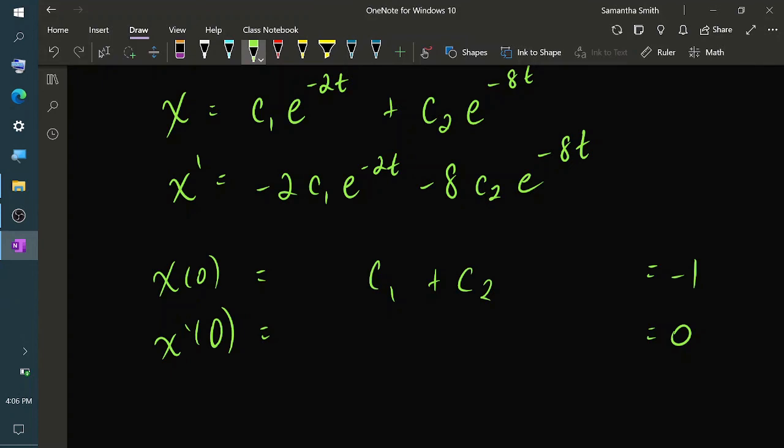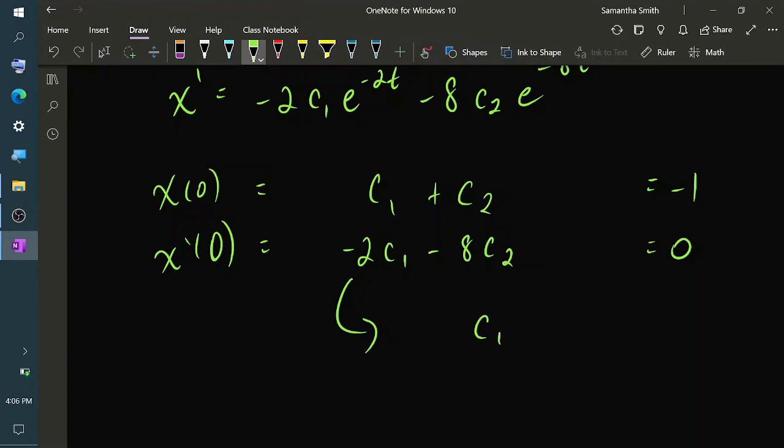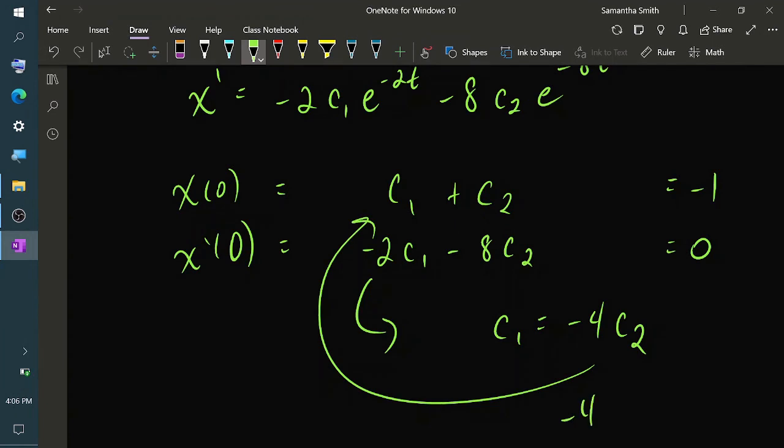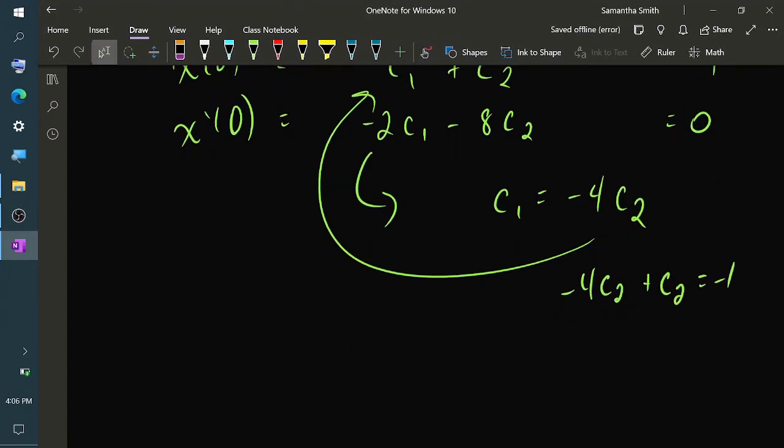And 0 to the derivative, -2c1 minus 8c2. We get, for example, that c1 is equal to -4c2. So -4c2 plus c2 is equal to -1. Therefore, c2 is equal to 1/3, and c1 is -4/3.